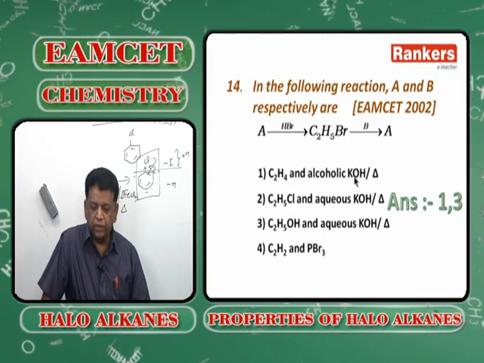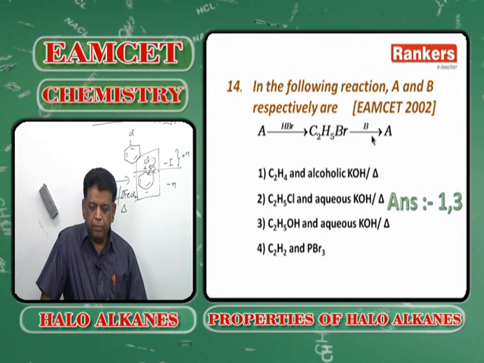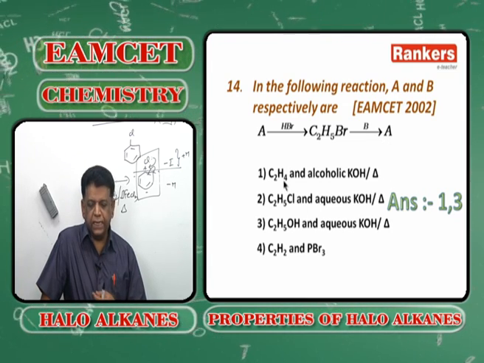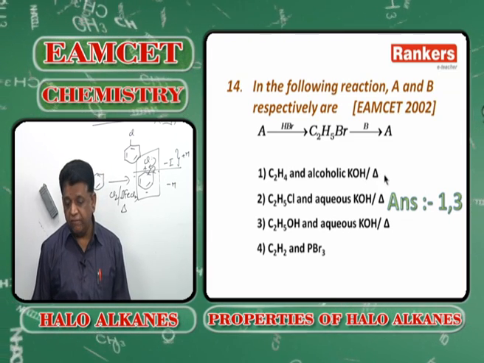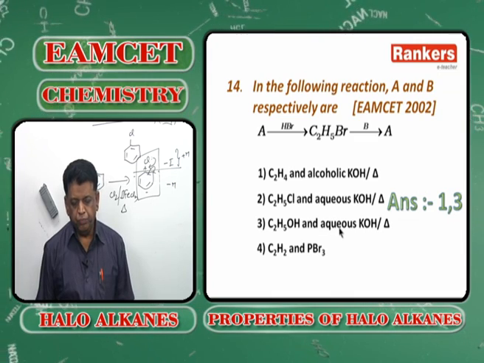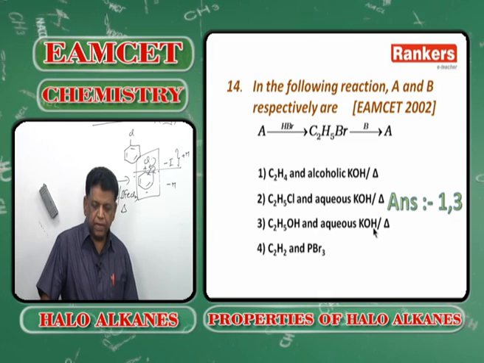Now, let us see what B is. If B is added to the ethyl bromide, A will become again alkene. Yes, if B is alcoholic KOH, again alkene will be formed. If A is alcohol, then you have to take aqueous KOH. There is some ambiguity here.